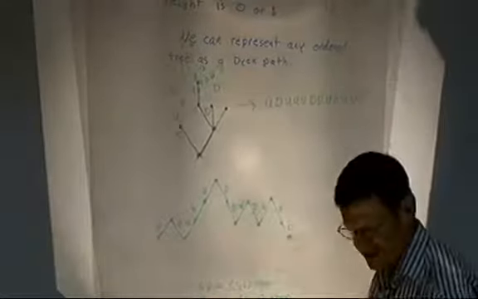Okay. And then what we're going to do next is not require the path to finish. We'll take partial Dyck paths. So Dyck paths, but now they can end at any non-negative integer.